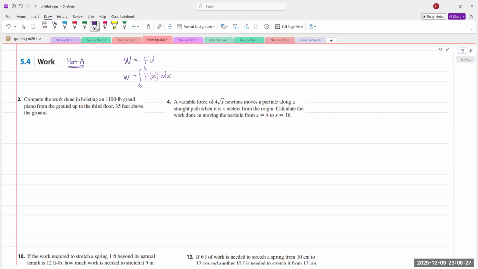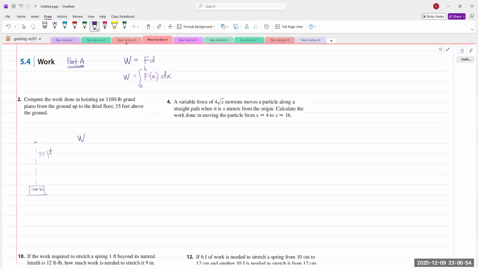Okay, now let's see number 2. Compute the work done in hoisting an 1100 pound grand piano. So let's say this is the piano, which is 1100 pounds, and you need to raise it up to the third floor, which is 35 feet above the ground.